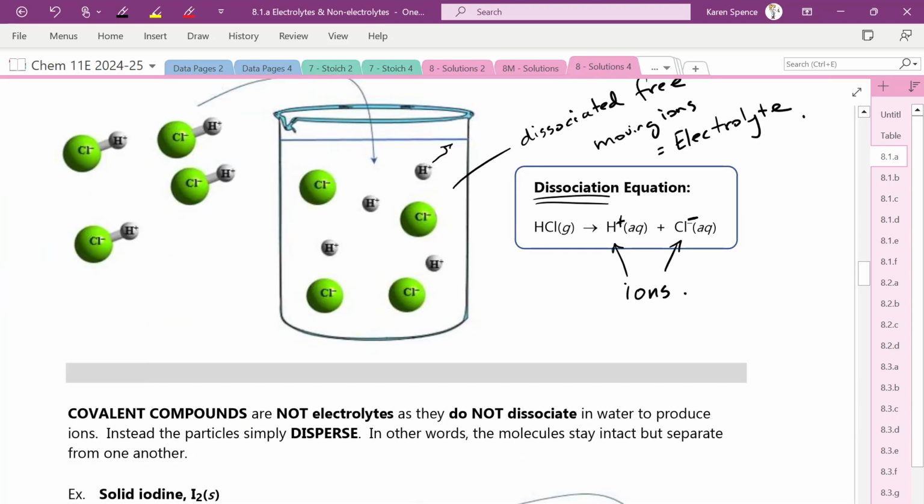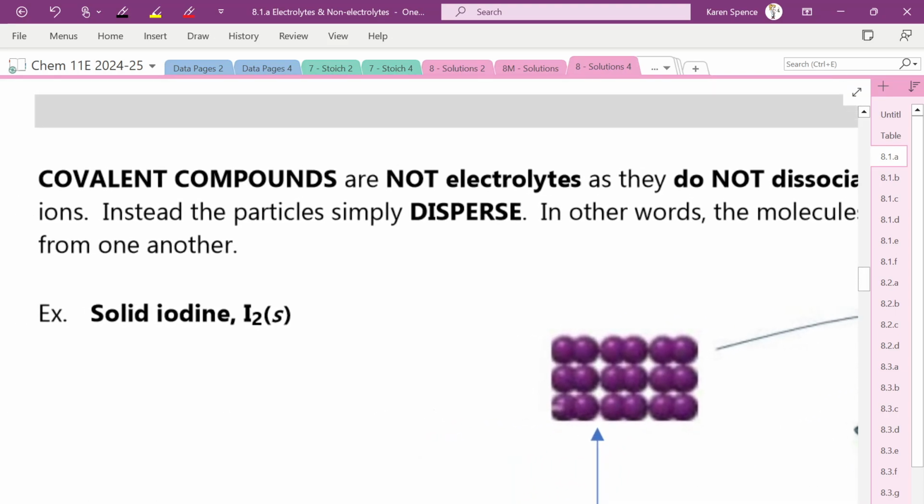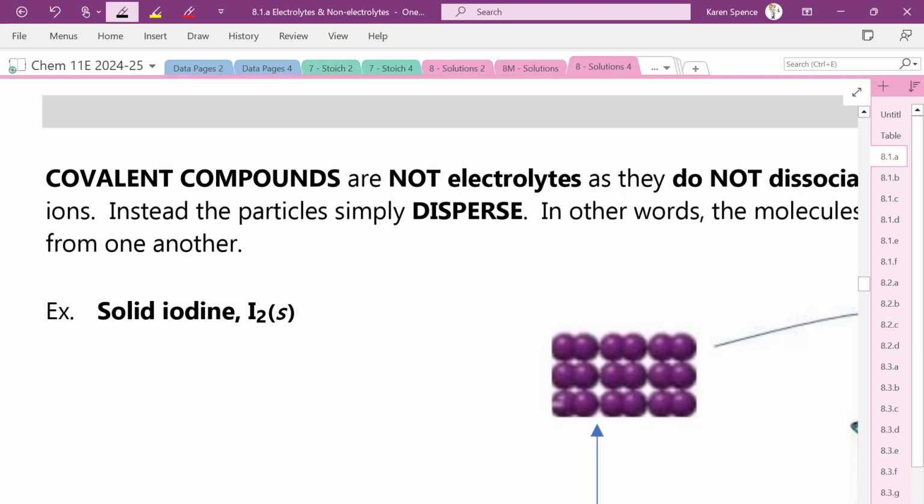Now, what if we took a covalent compound, or in this case, we'll do a covalently bonded element, because if we have I2, an I and another I stuck together, what's holding the two atoms together? What's holding I to I? That's a covalent bond.